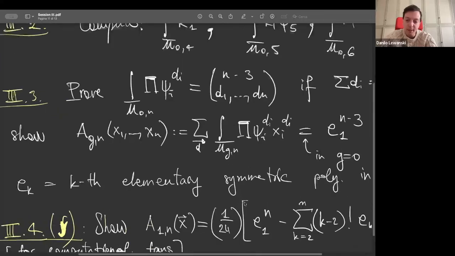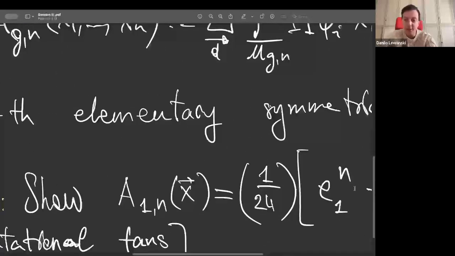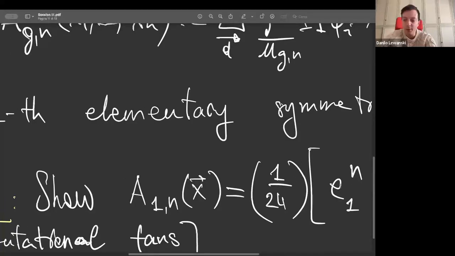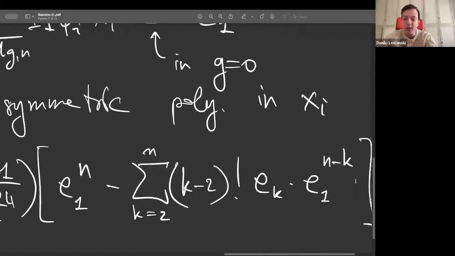So you may initially think that the answer just stops there. It's just 1 over 24 times this guy. But of course, it's more complicated than this because you have more graphs. But you can still think that this is the answer to the leading term in some sense. And then again, you have some correction. Now the difficult part, of course, is to compute the correction. And the correction is something like that.